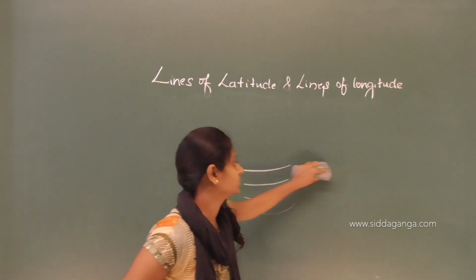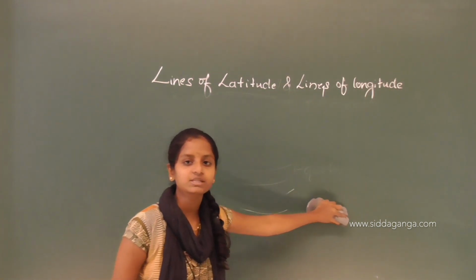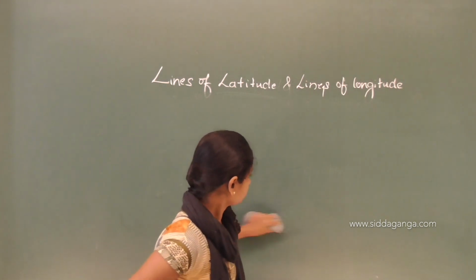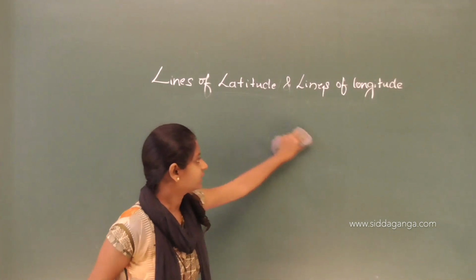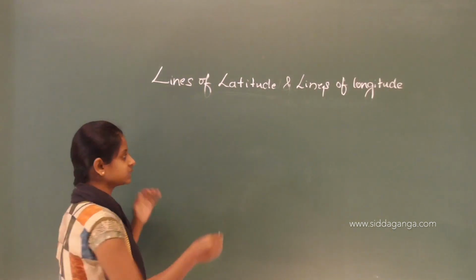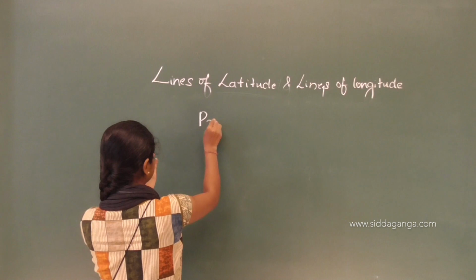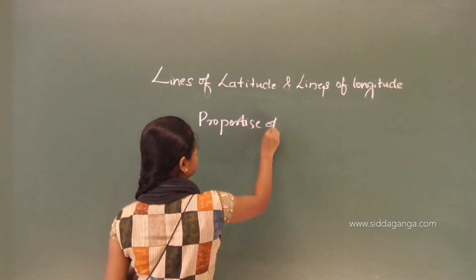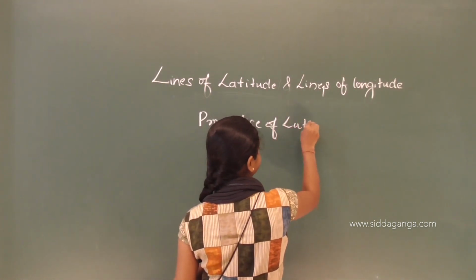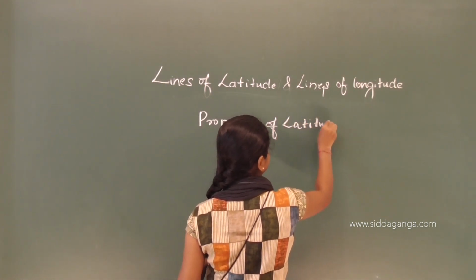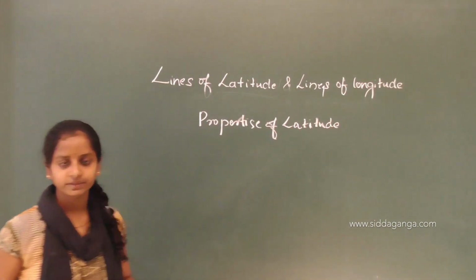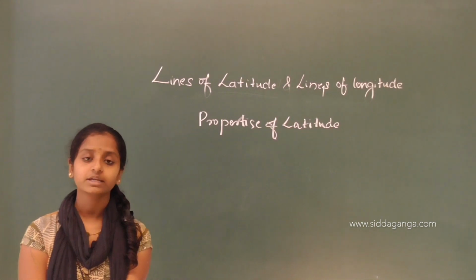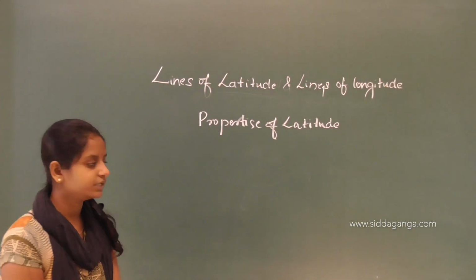Now we will see about the properties of these latitudes. What are the properties of a latitude? Properties of latitude. The parallels are drawn at an equal distance from each other.